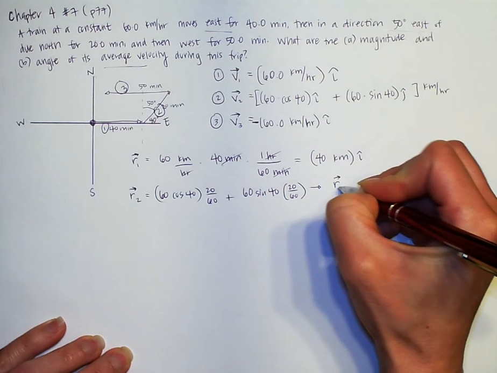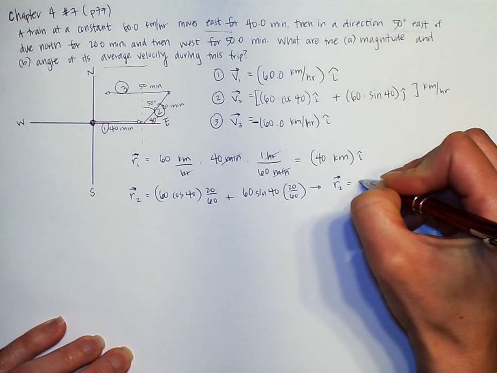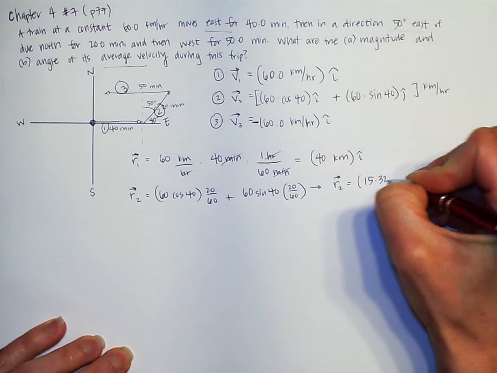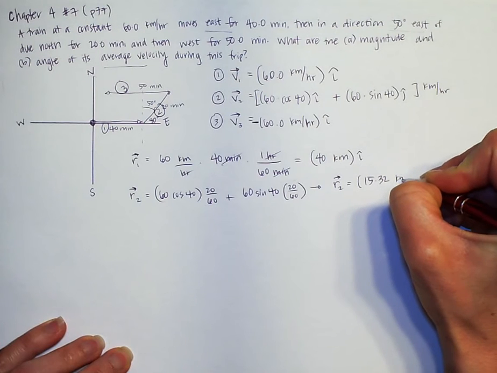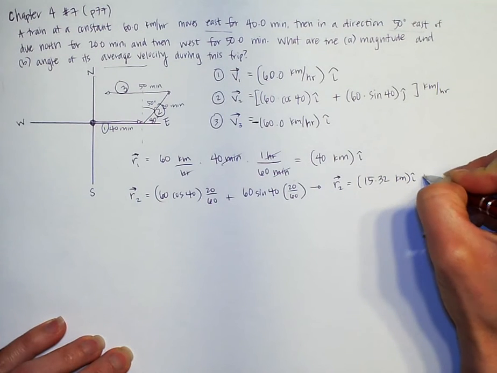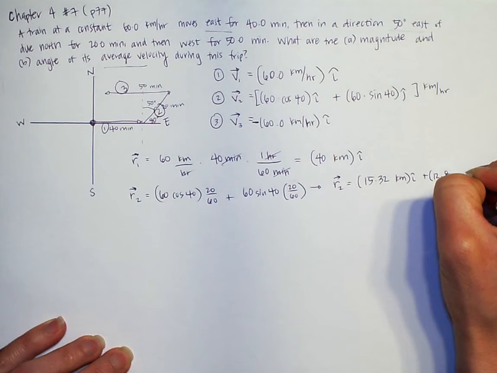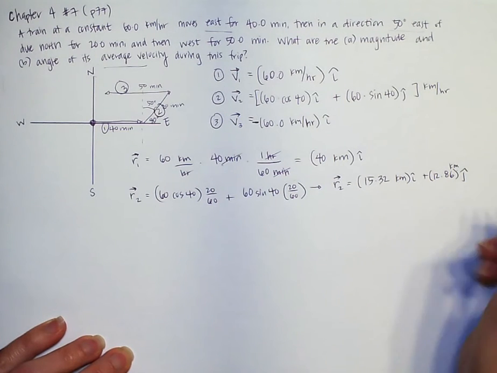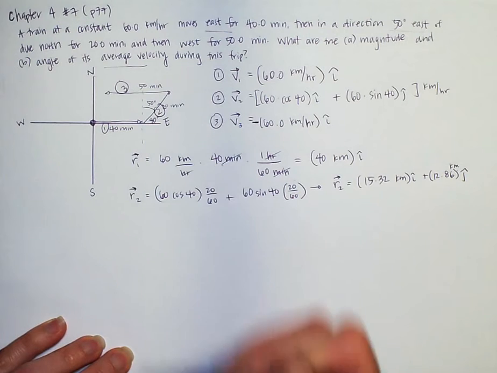And so we get our position vector 2 is going to be, if you work this out on your calculator, you'll find it's 15.32 kilometers i hat plus 12.86 kilometers j hat. And so that's how far we go on this segment.